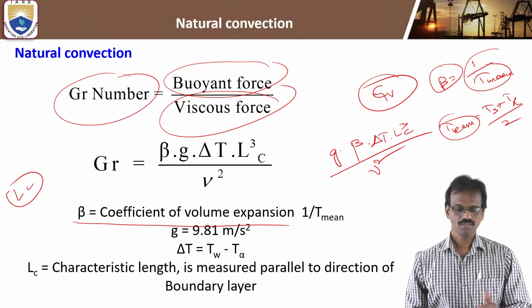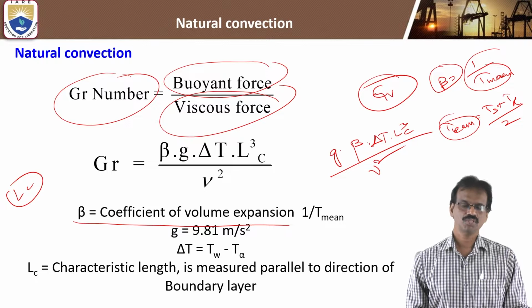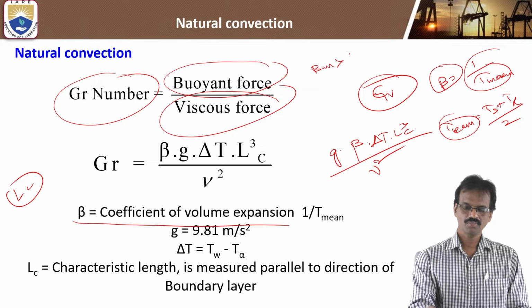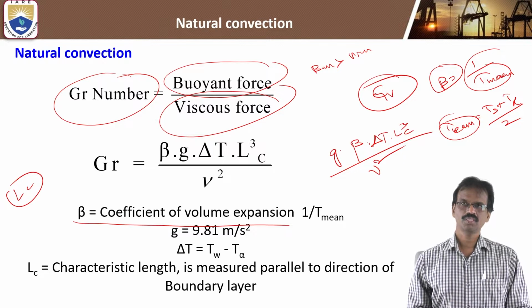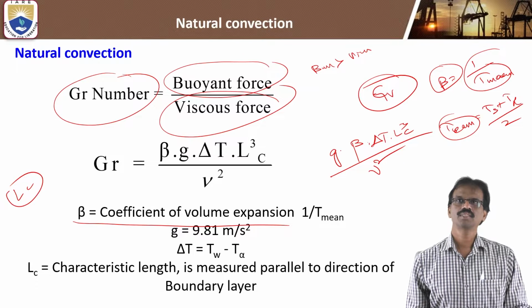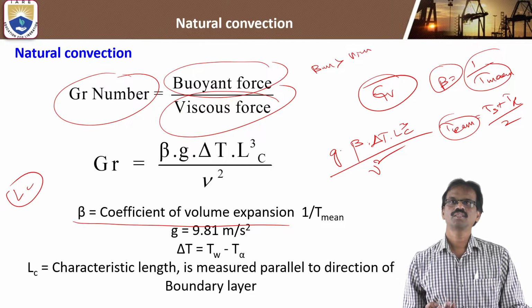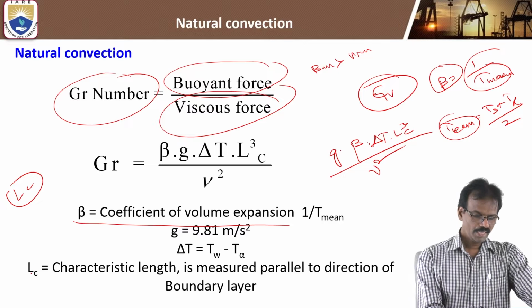So it is the ratio of the buoyant force to the viscous force. For the heated particles, the buoyant force is greater than the viscous force. For the cold fluid, the viscous force is greater than the buoyant force. You know that as the heat increases, the viscosity decreases. Now we'll see the characteristic length.